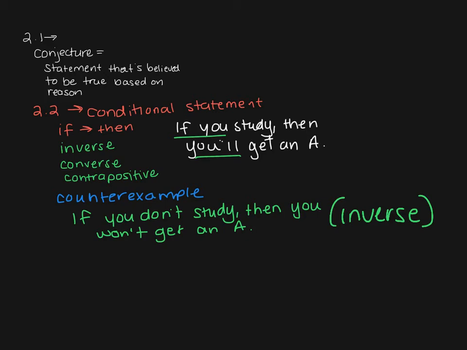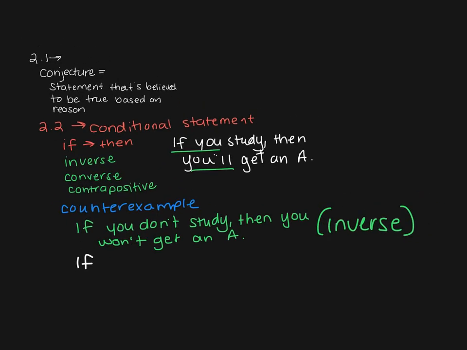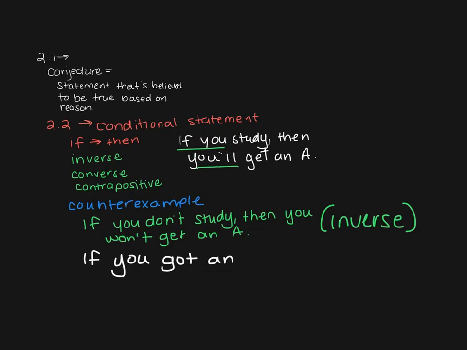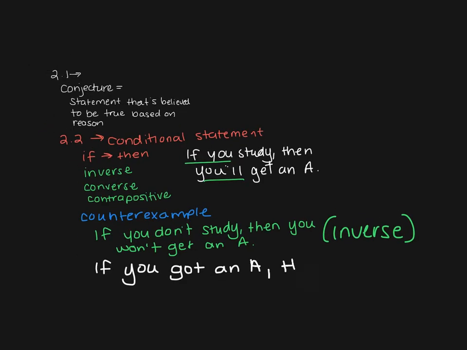The converse is the switching of the order of the statement. So the if becomes the then, and the then becomes the if, or the hypothesis becomes the conclusion and the conclusion becomes the hypothesis. So if you got an A, then you studied.